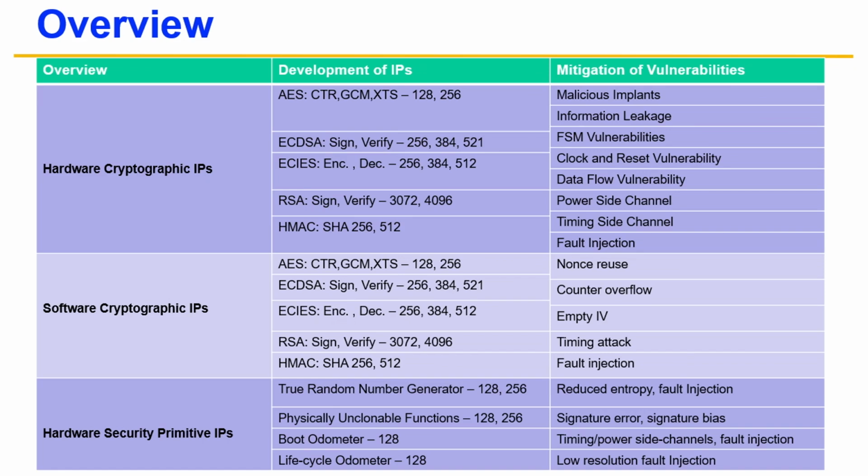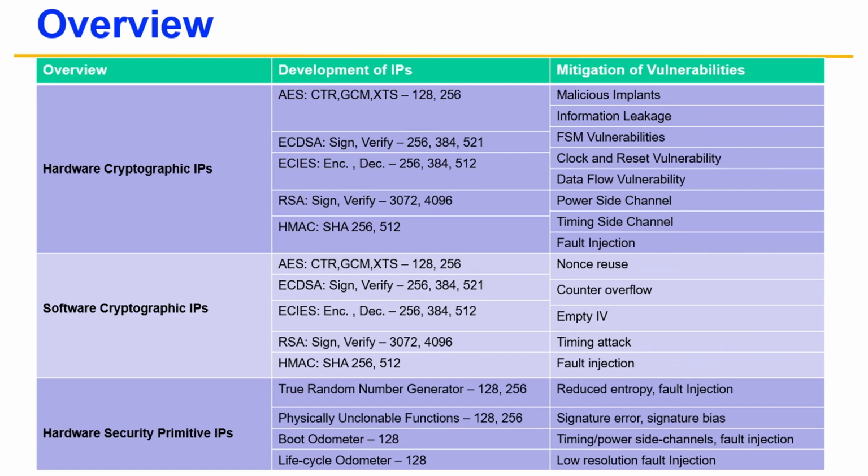For example, in AES in the software version, the reuse of nonce is a well known vulnerability, and similarly counter overflow, empty initialization vector, timing, fault injection. In contrast, on the hardware side, you will have some of the similar things, as well as ideas like power side channel, timing side channel, clock and reset vulnerability and all that stuff, and some of those are not applicable for the software domain. Some of them are common, some of them are not common.